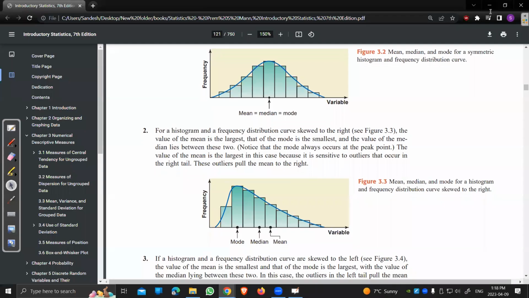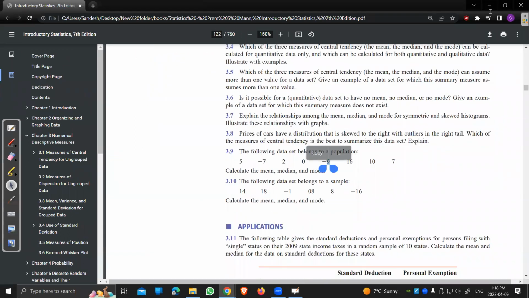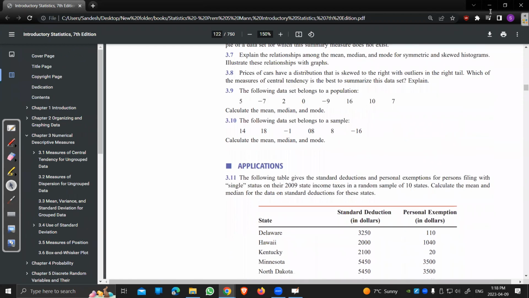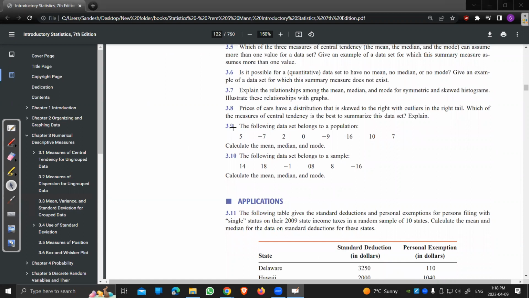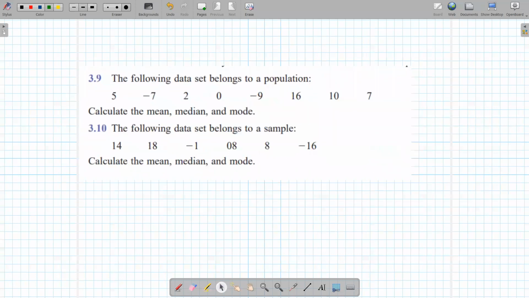Left skew, right skew. Mean, median, mode. We can just really quickly do this. Ignore the mean because mean is very simple: you just add them up and divide by n. Again, they've not put this in an array for us, so it's going to be a little bit trickier.